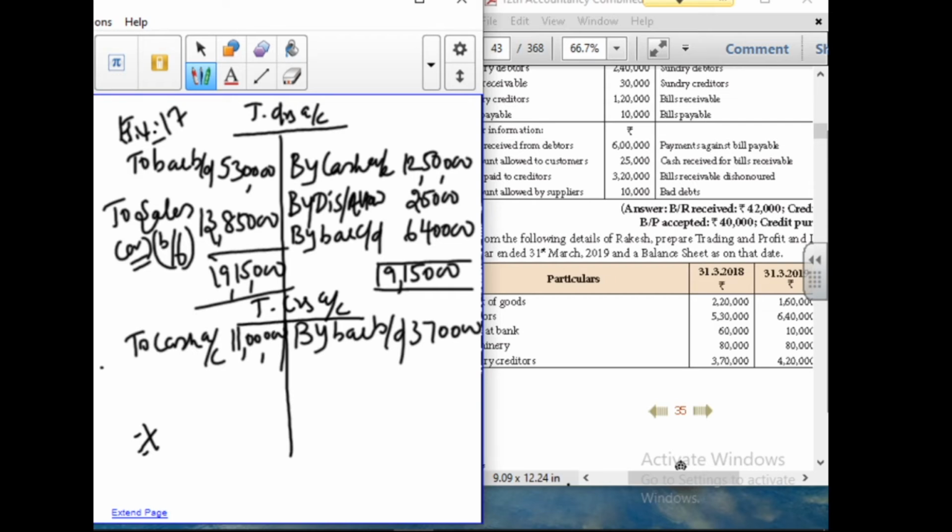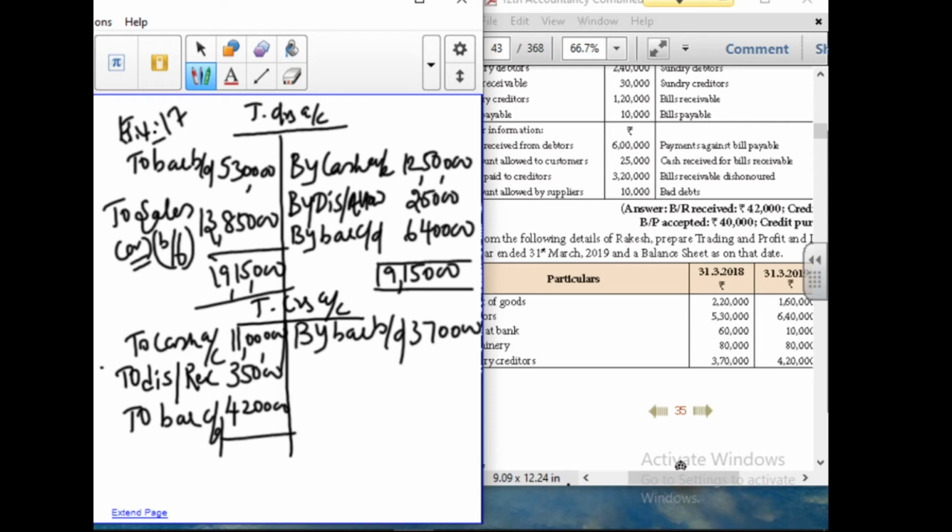11 lakh and discount received comes around 35,000. So your closing balance comes around, so to balance carried down, this is your closing, it amounts to 4,20,000.